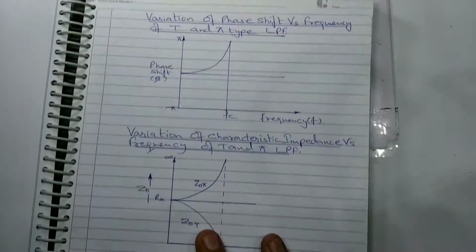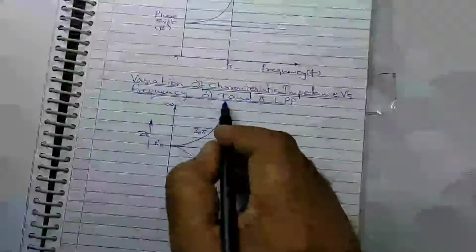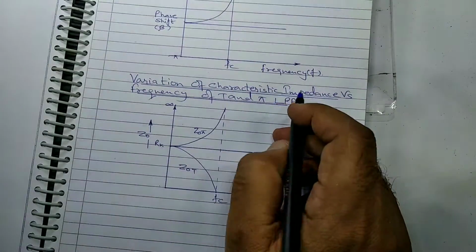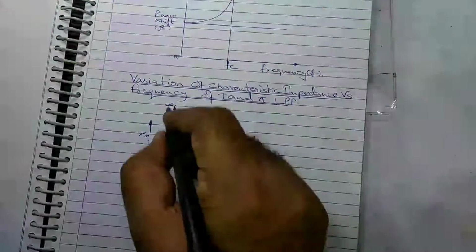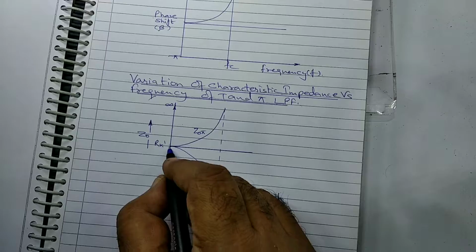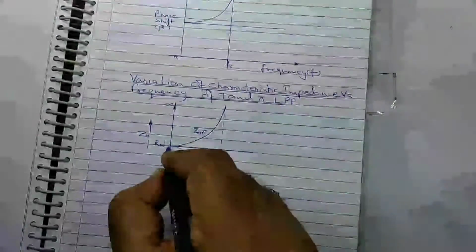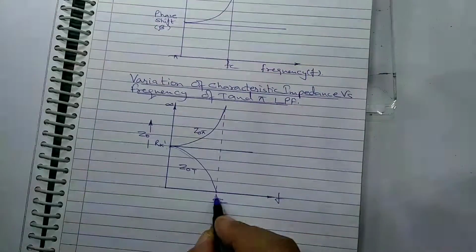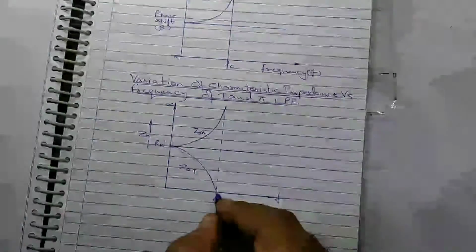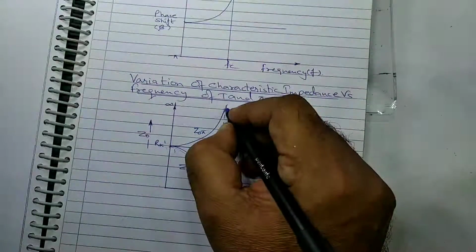Okay, and the variation of characteristic impedance versus frequency of the T and pi low pass filter. Here we can see the characteristic impedance going up to infinity. From RO, this is ZO pi, the characteristic impedance of the pi network, and this is the characteristic impedance of the T network. At cutoff frequency this becomes maximum.